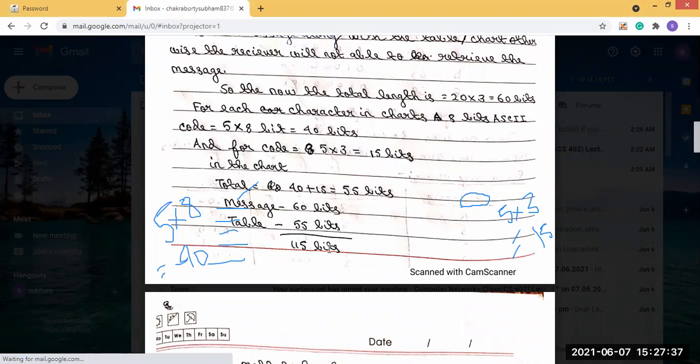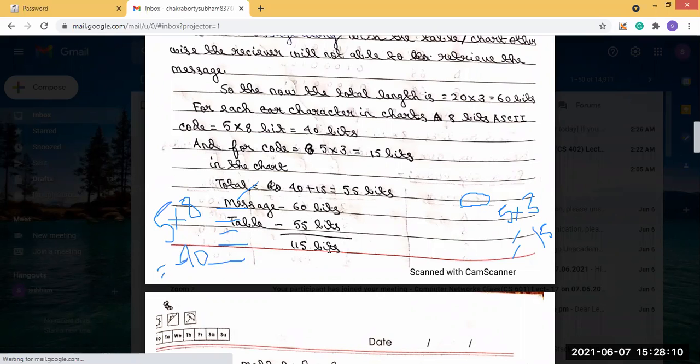At first, if we didn't use the compression technique, we had to send 160 bits. But now, if we follow the fixed size format, it is a total of 115 bits. So you see the size is reduced by some 35 to 40 percent.